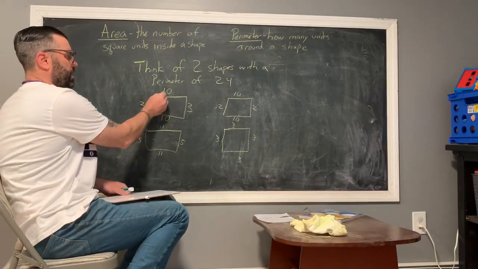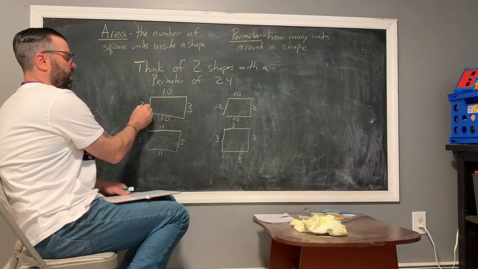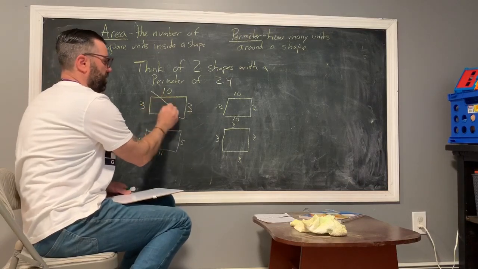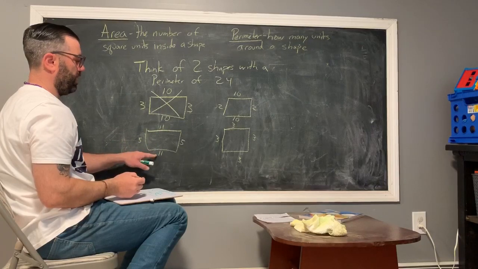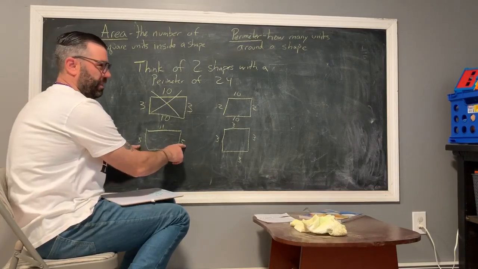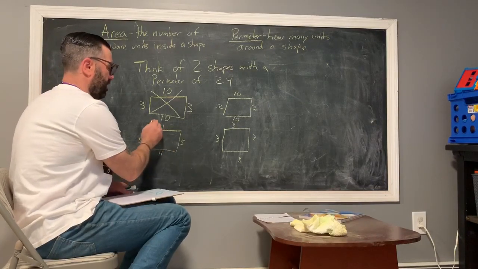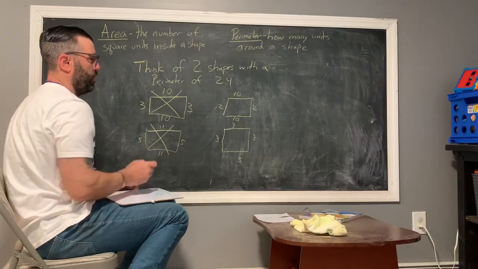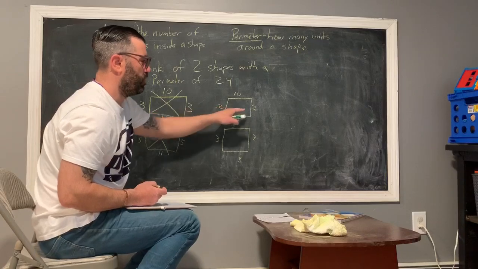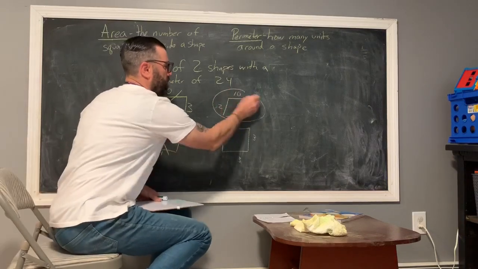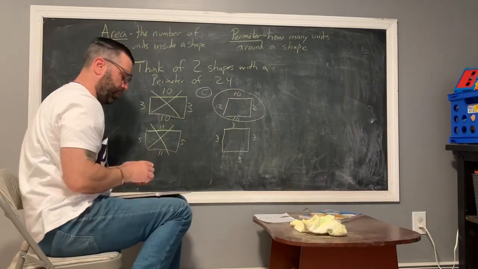So let's say 10, 20, 23, 26, no. 11, 22, 5 and 5 is 10, so that's 32, no. 10, 20, 22, 24. That's my one. So I put in choice C on the computer.